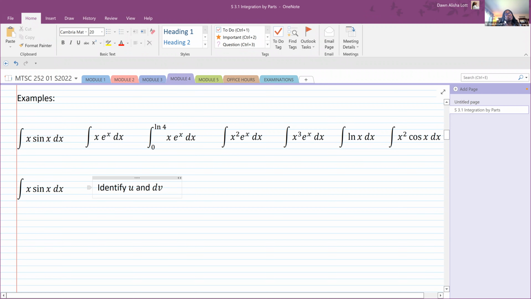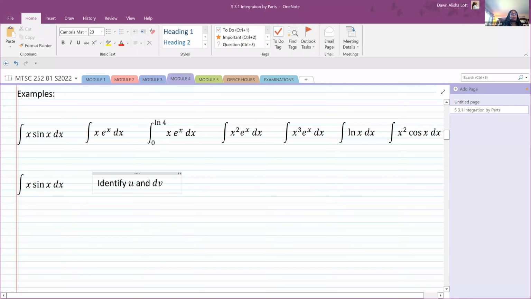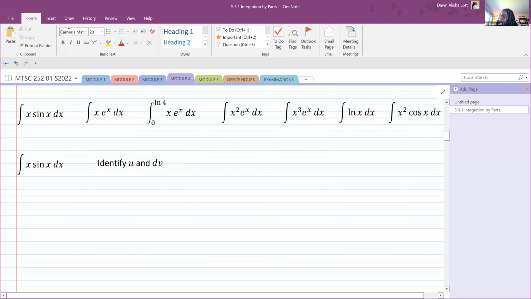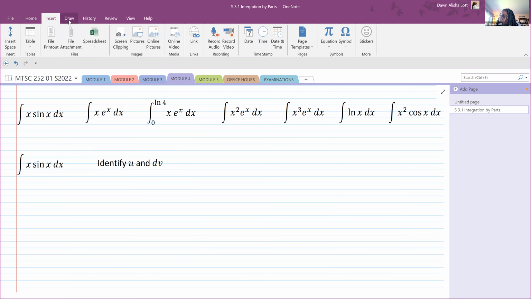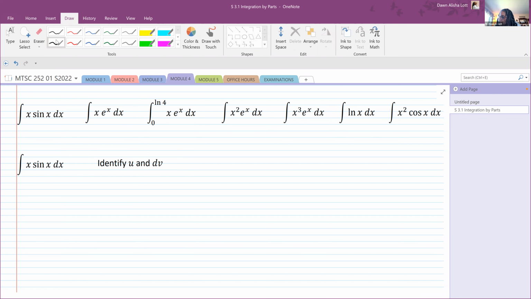U will usually be a polynomial, something that gets easier when you differentiate it. So for this problem, we're going to let u be x. So if u is x, then everything else has to be dv, because I can only have 2 things in the integral.